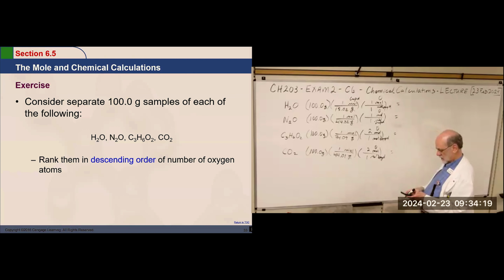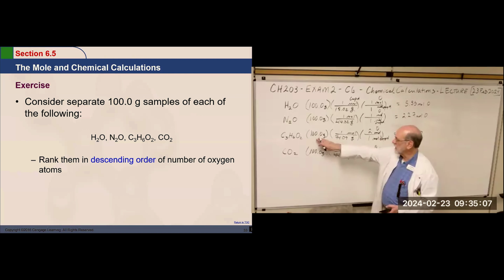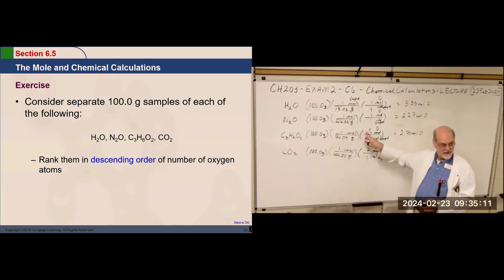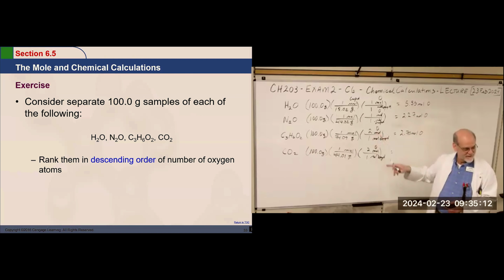Next one is 2.27 moles of oxygen. And then our fatty acid times 2, 2.70. How are you doing? I'm saying 100 divided by this number times that number. Yeah.